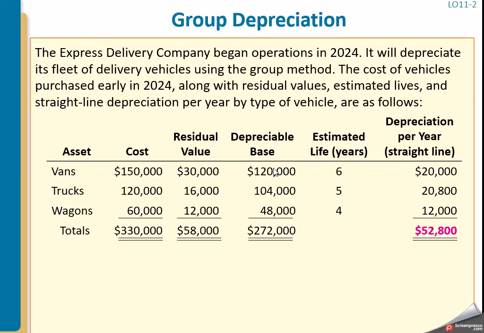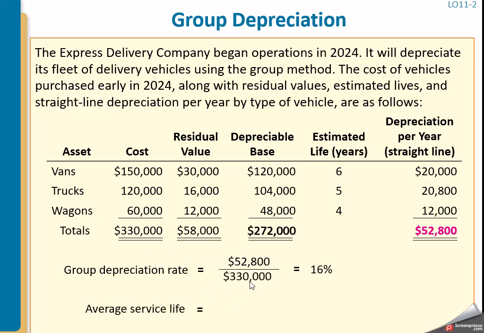If they've got vans, trucks, and wagons, because they're a delivery company, they're grouping them by their estimated service life, and then they're calculating just an annual depreciation based on that total group.